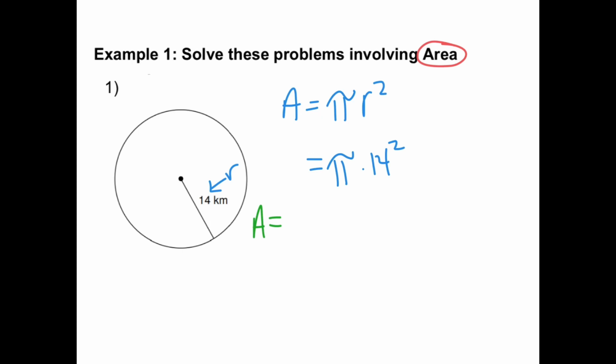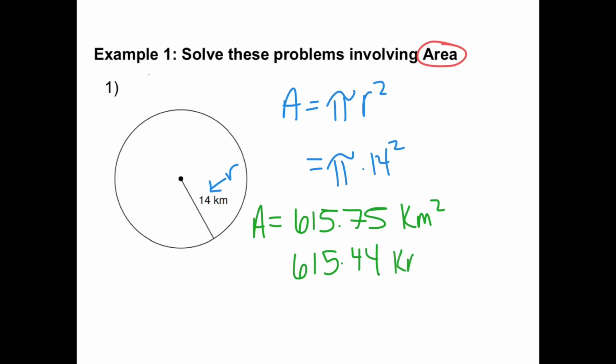So area will equal 615.75 kilometers squared, or 615.44 kilometers squared. This top answer is when I use the pi symbol. This bottom answer is when I use 3.14.